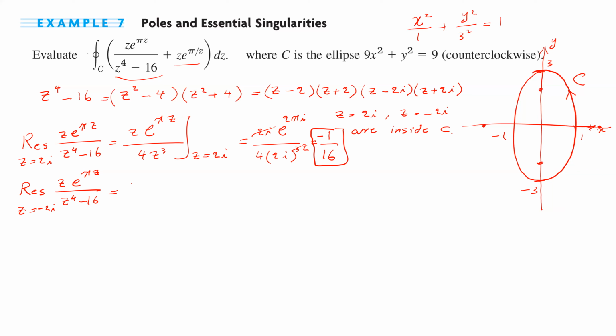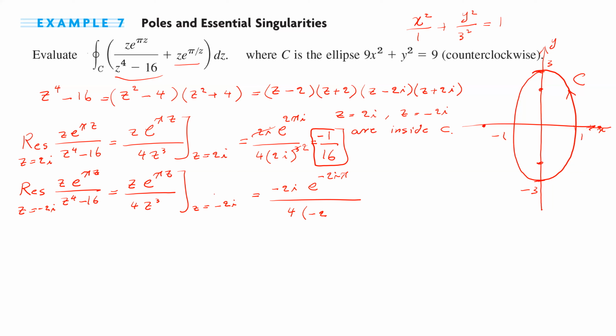Again, that becomes z e to the pi z divided by 4z cubed evaluated at z equal to negative 2i. So that becomes negative 2i e to the negative 2 pi i, divided by 4 times negative 2i cubed.